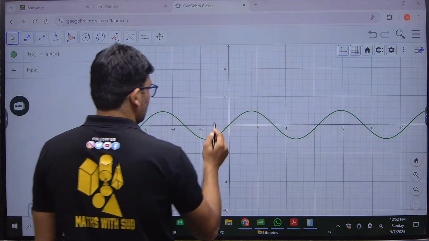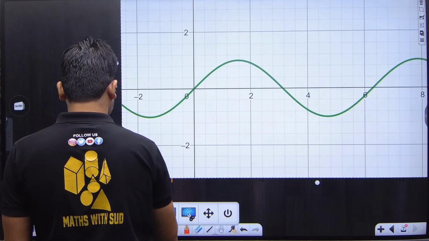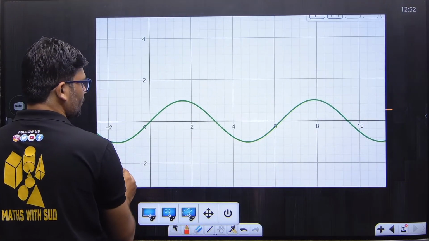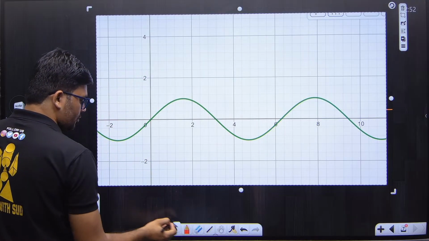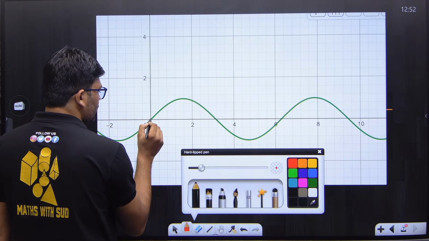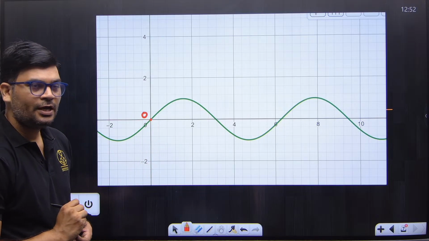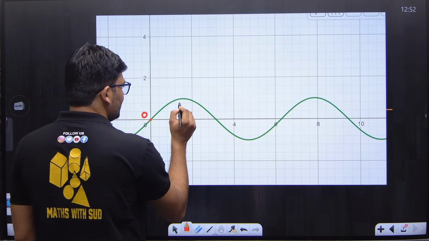Okay, leave that part. I'm drawing this curve for you. Just some basic things you should know. This value is 0.